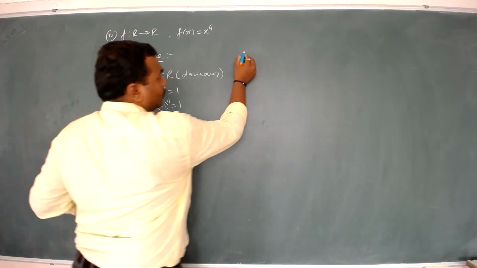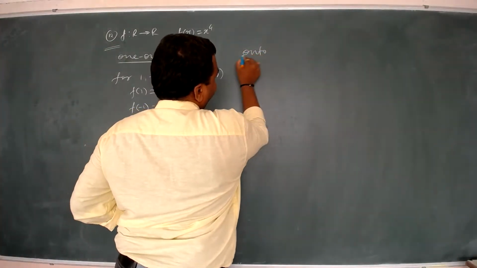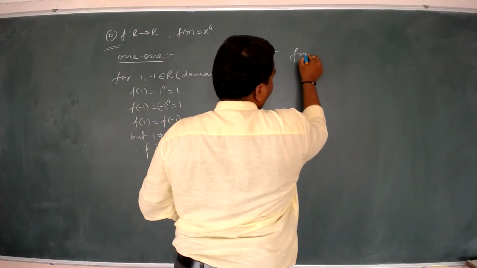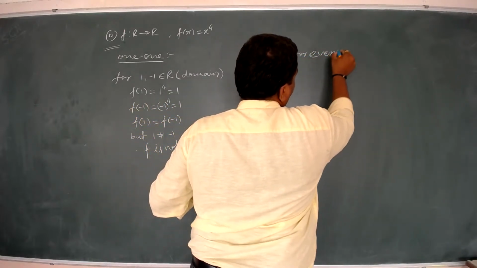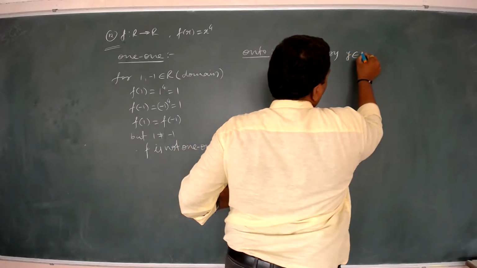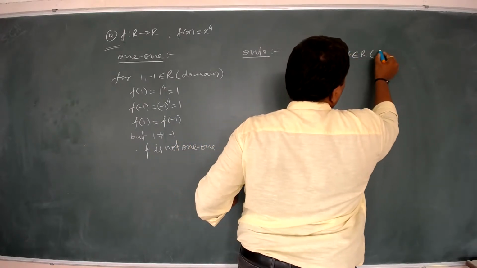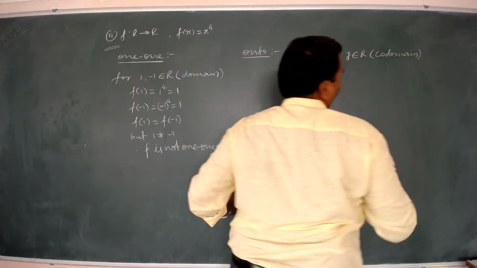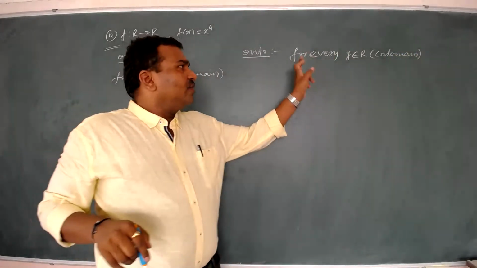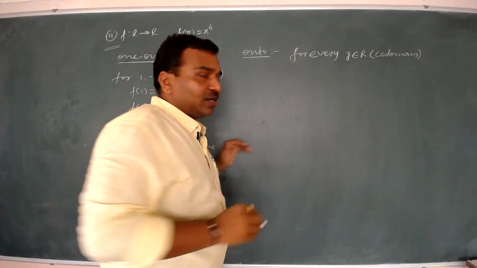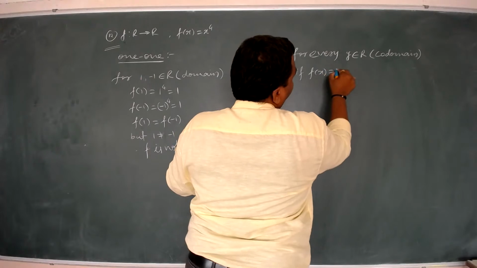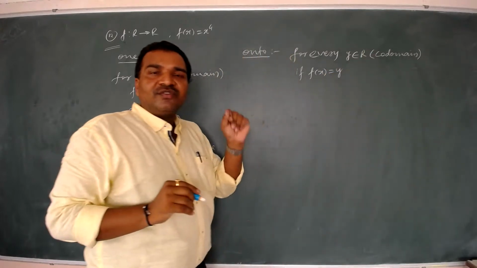Next, go for onto. So we know the process now. For every y belongs to codomain, here the codomain is also the same as the domain, if possible, f of x equal to y.